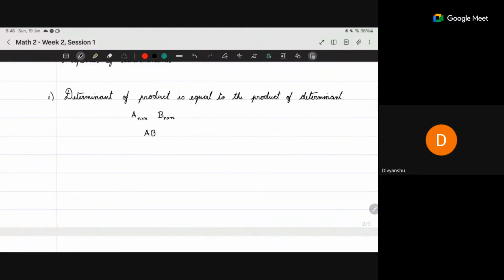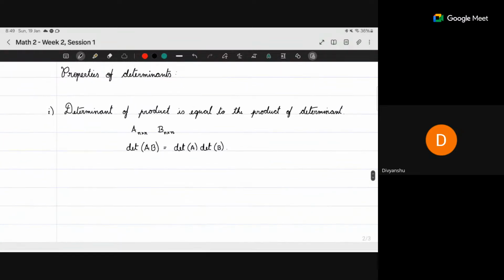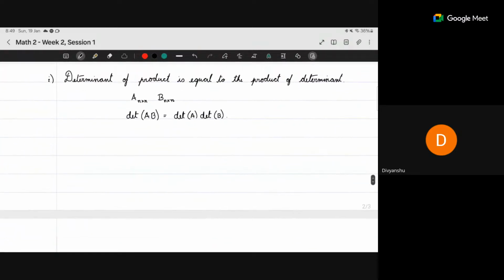Now I can do the product of this, and the product matrix will also be of order n cross n. So that is also a square matrix, and it makes sense to talk about the determinant of that product matrix. And that will be equal to determinant of A times determinant of B. So determinant respects the product in some sense. So that is the first property. And as a corollary of this property, we have the following.